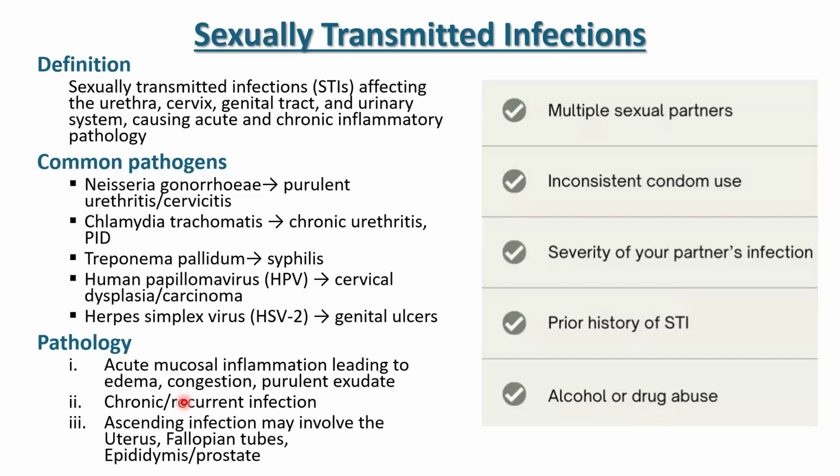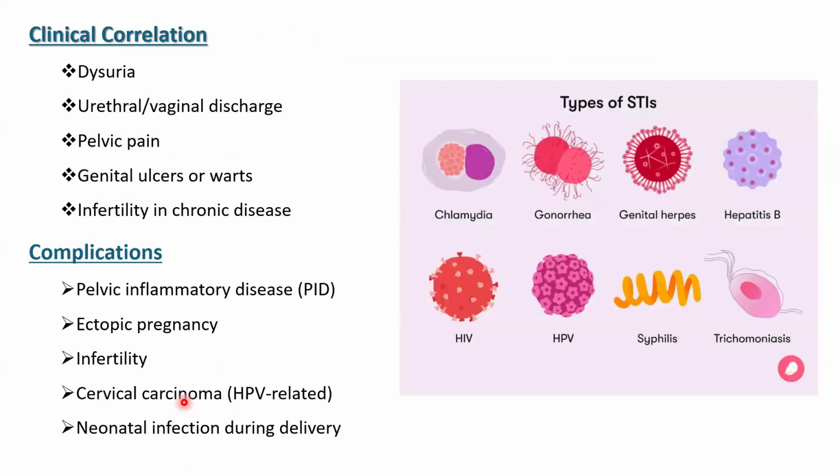It will be combined features, especially if it's a severe infection. And so clinical features now will be dysuria, pain while passing urine. The person might have urethral or vaginal discharge. The person might also have pelvic pain, genital ulcers or warts, and infertility in chronic disease.